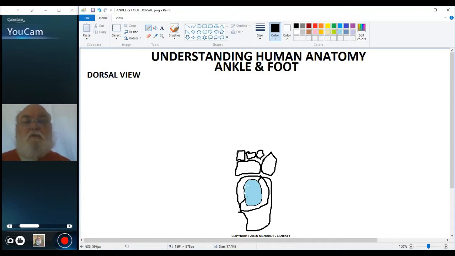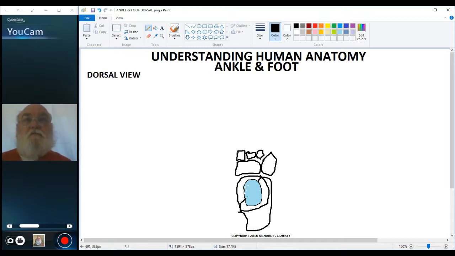So these 7 bones, calcaneus, talus, navicular, cuboid, and cuneiform 1, 2, and 3 make up the tarsal bones.